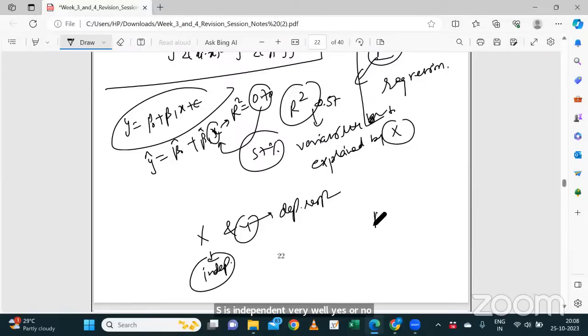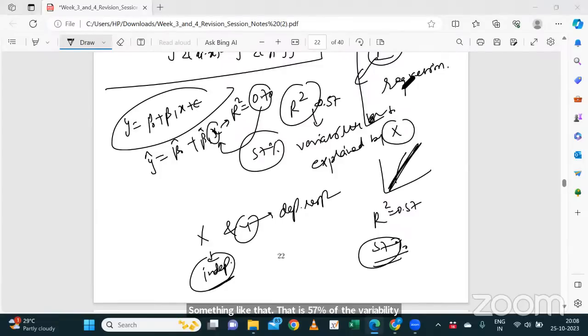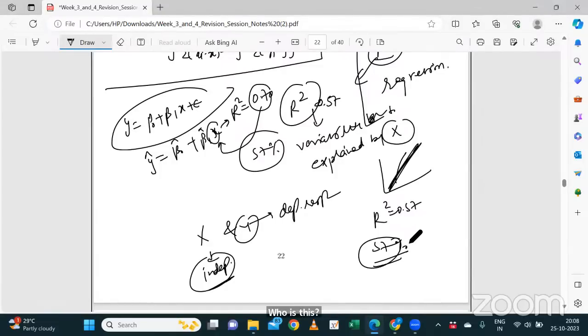Yes, sir. So R square, suppose 0.7, you plot this curve and you find the best fit line. That is 57% of the variability explained by your independent random variable, your explanatory variable.